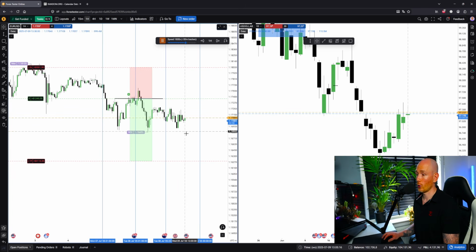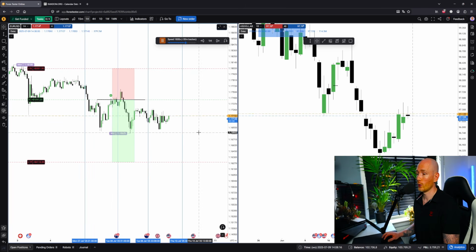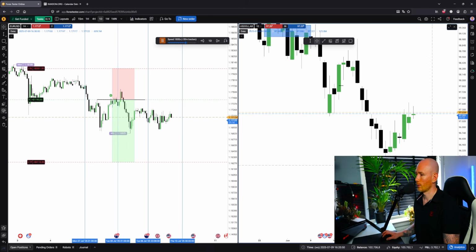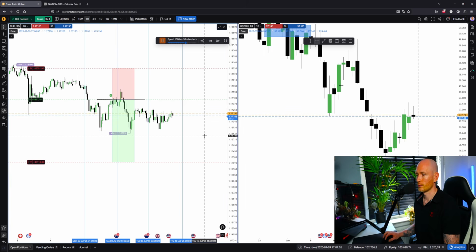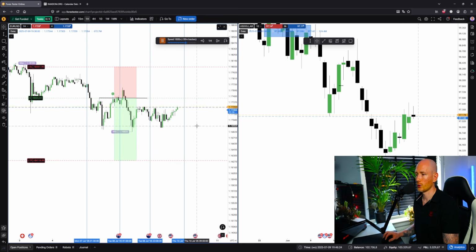I know you want to go lower, I just know it. Look at this daily time frame as well, just doing nothing. So consolidation again, just like a prior trade setup that was a loss.